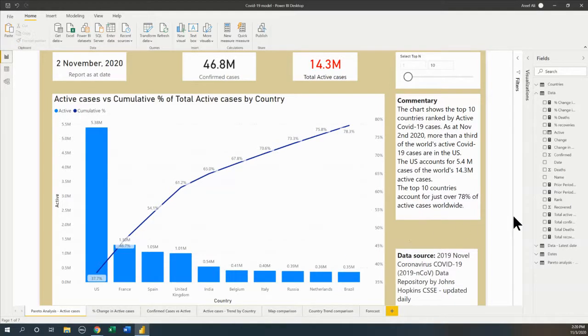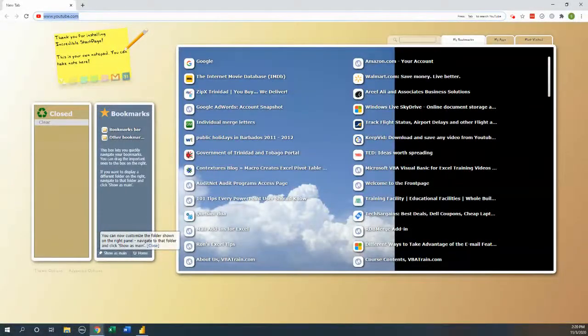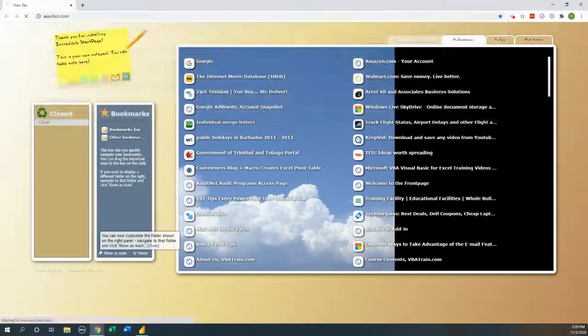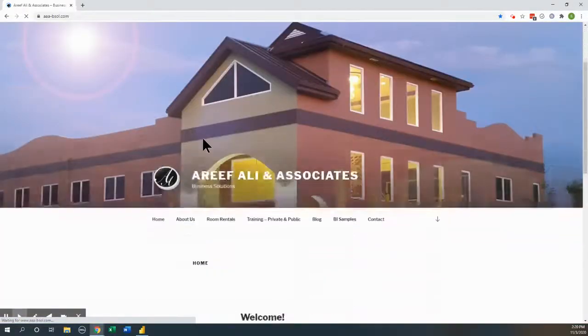Once the report's built, I would have exported or uploaded that data to my Power BI web location. And then from there, I would have created an external link to my website. So ultimately, if we go to my website here, you will see where we loaded the model.